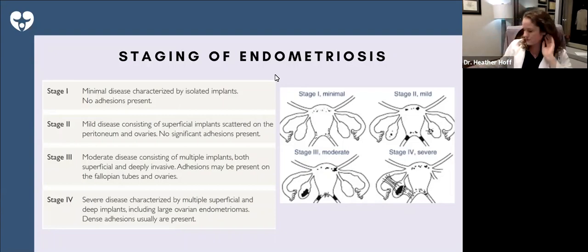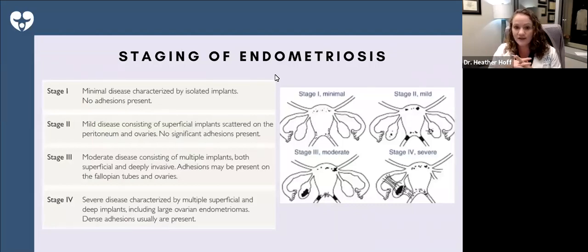So the staging is really based on the number, the location, the depths of those endometrial implants. It's also dependent on if there is involvement in the ovary, like an endometrioma, or if there's a lot of scar tissue. So the more severe disease is where we're going to have those adhesions or the scar tissue.